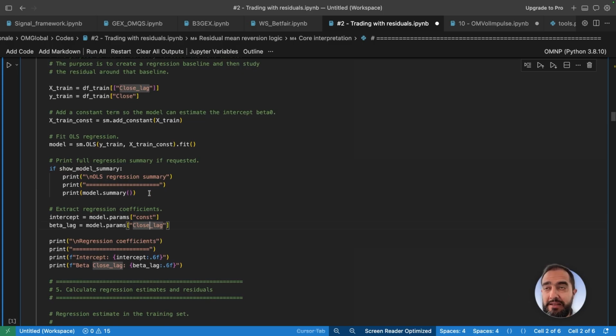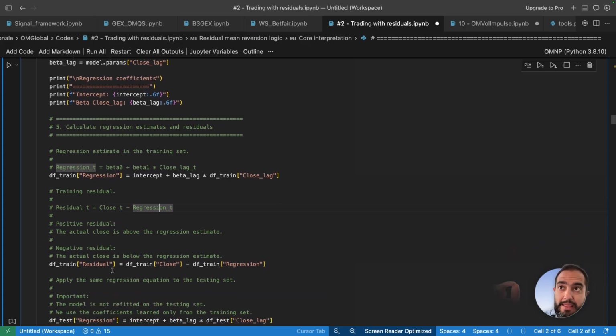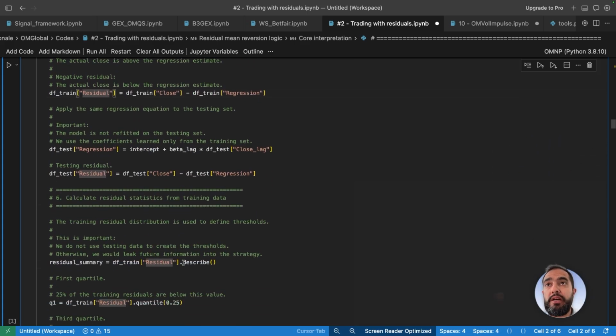So we can calculate the residuals later, because we will use the beta 0 and the beta 1, meaning the intercept and what we have called the beta lag, to have the regression line from our closes. Then the residual will be the current close minus the regressor. And this is what we are going to compare, as we described in the rules, in order to determine the entry points to our model.